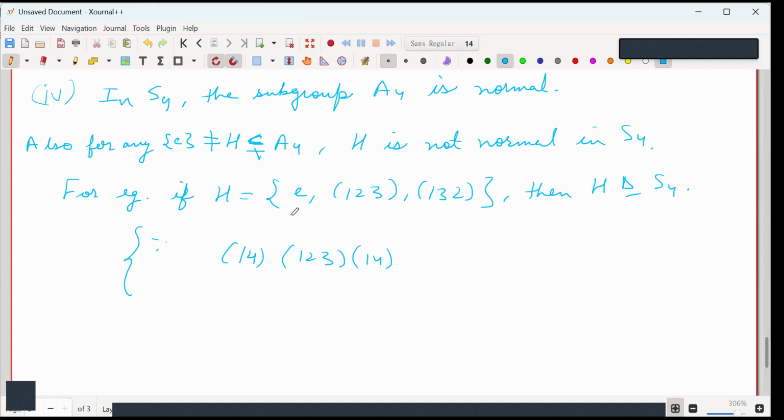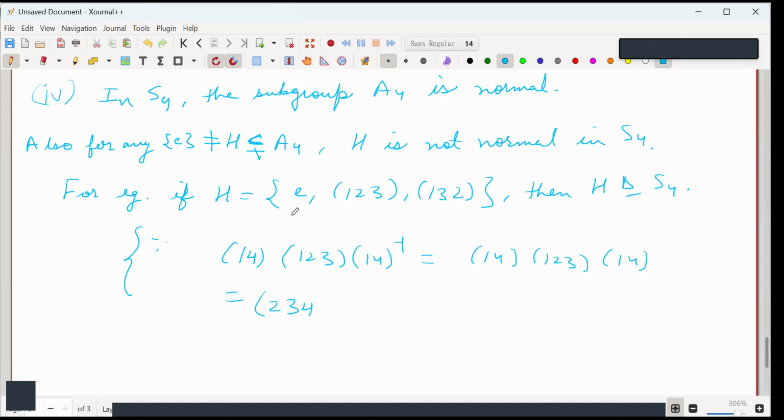4 going to 1, 1 going to 2, right? So now what will it be? This will be (1 4)(1 2 3)(1 4), right? So here 1 is going to 4, 4 is going to 1, so 1 is fixed. 2 is going to 3, 3 is not here, so 2 will map to 3. 3 is going to 1, 1 is going to 4, so 3 will go to 4. 4 will go to 1, 1 goes to 2, and that's it.